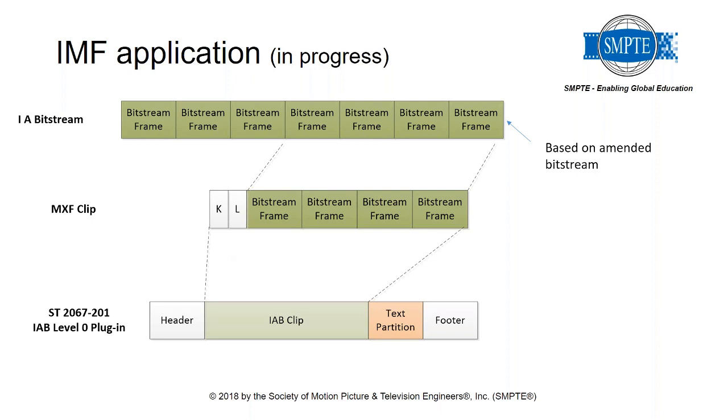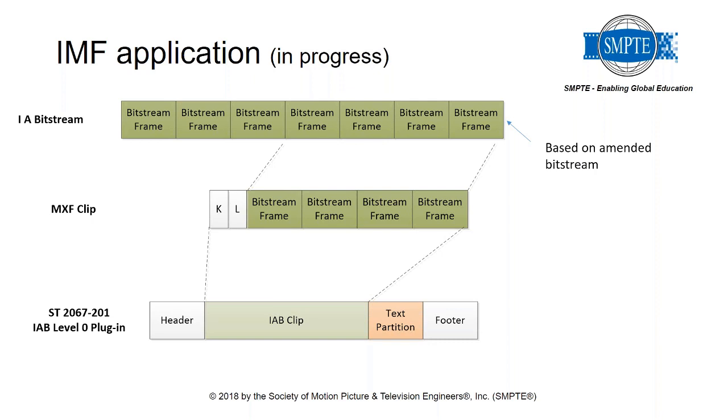The standard is ST 2067-201. As mentioned, that is in progress. If you're familiar with the SMPTE process, it has started FCD ballot, which is one of two ballots that take place before it goes into the publication queue. So this is fairly far along. The mechanism for adding new essence types to IMF is called a plugin.